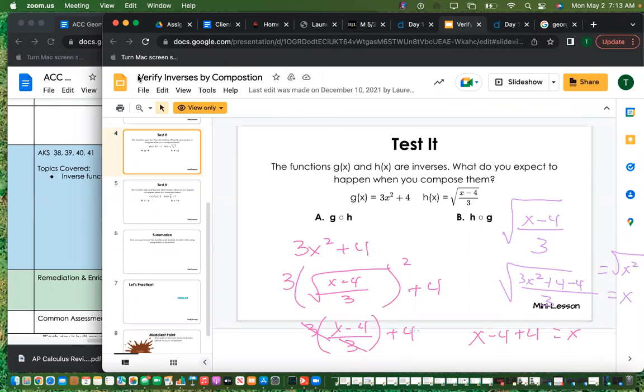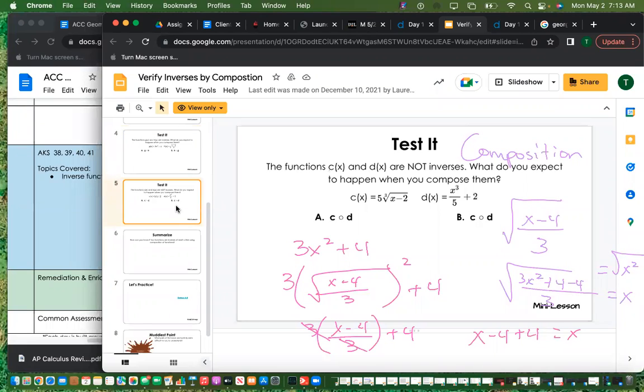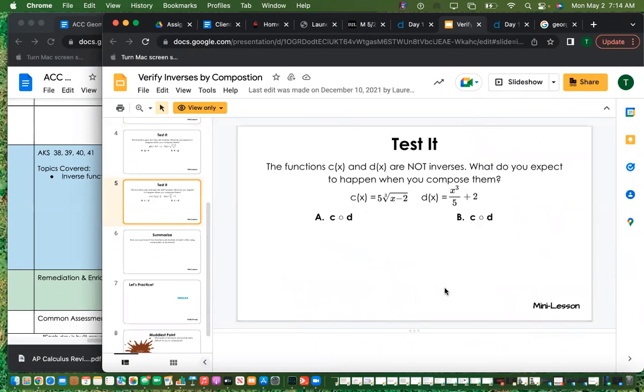So again, if they come out to be x when you do this, which is called the composition of those functions, then they're inverses of each other. Okay, so go ahead and try these. If you graph them, you could also see whether they are inverses of each other because there'll be a reflection across the y equals x line.